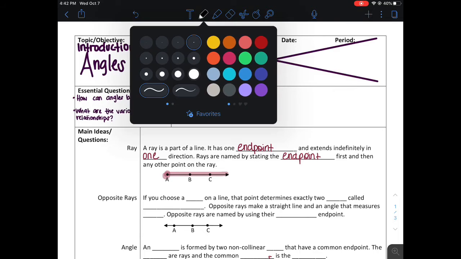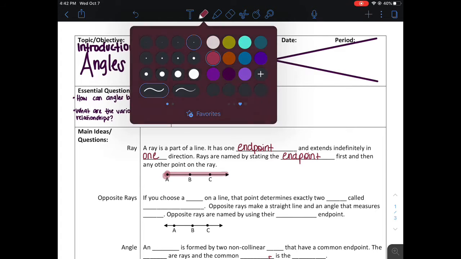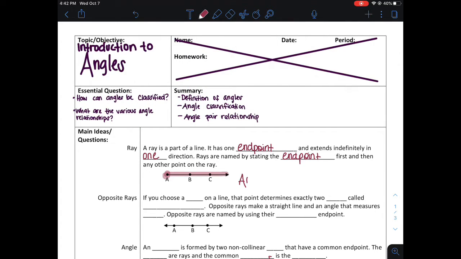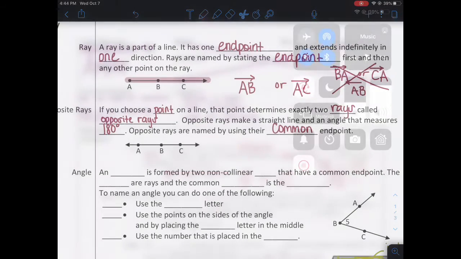When you're naming this, make sure you start with A. So this will be ray AB with the arrow pointing to the right, or you can call it ray AC. Make sure you do not try to go backwards, like don't try to say BA or BC or CA. And definitely don't point the arrow in the other direction. So all of these are incorrect.